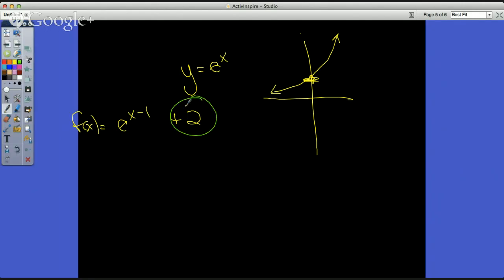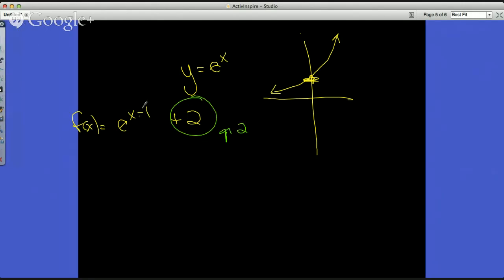Yeah, we know it's going to go up 2. And what about the x minus 1? Right 1, yeah. So this right here would go right 1 and up 2. So now what was at 0, the horizontal asymptote now at 0 will actually be at 2 now. And it will be just the same equation.